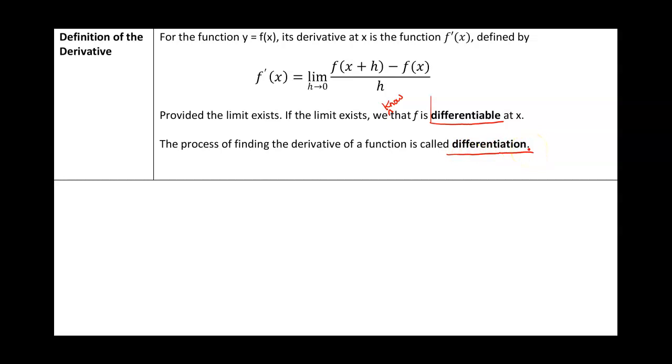So, to recap, if you want to find the derivative at a point x, which is given by f prime of x, this is the same thing as the slope of the tangent line at that point.